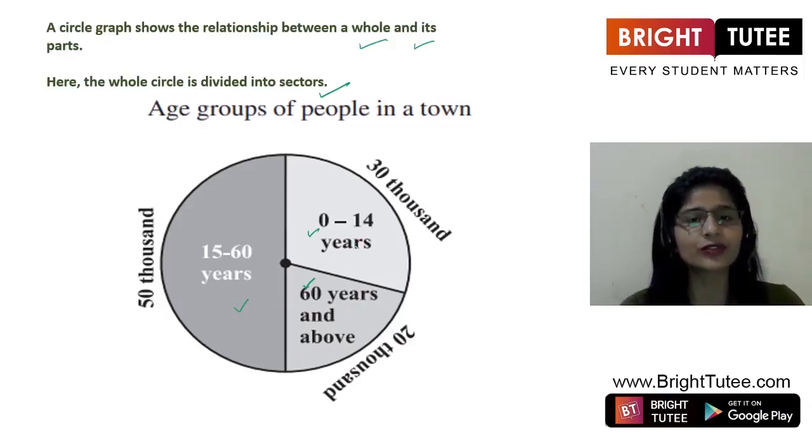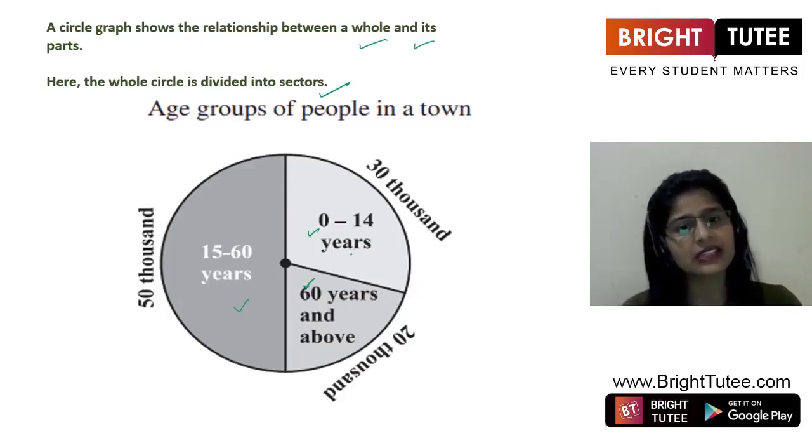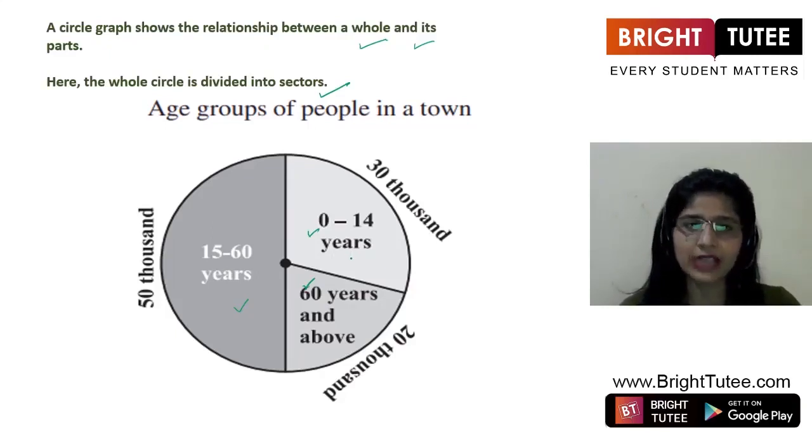We are also going to form different pie charts, or circle graphs, or we would be reading them, like if I ask you what information this circle graph is giving us. This circle graph is giving us the information about the number of people in different age groups of a town, right?